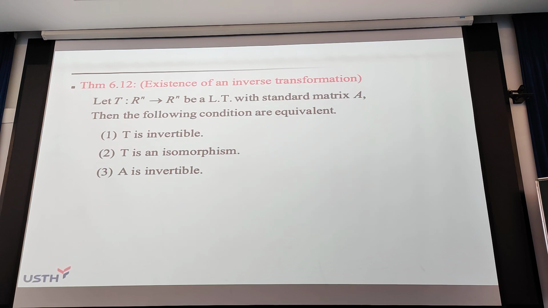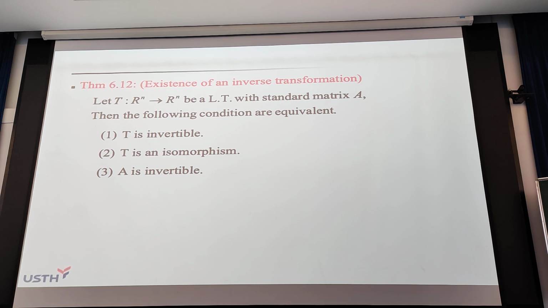Now, I go to the observation. Let T from Rn into Rn be a linear transformation, and suppose that the standard matrix of T is A. Then the following claims are equivalent to each other. The first one says that T is invertible.